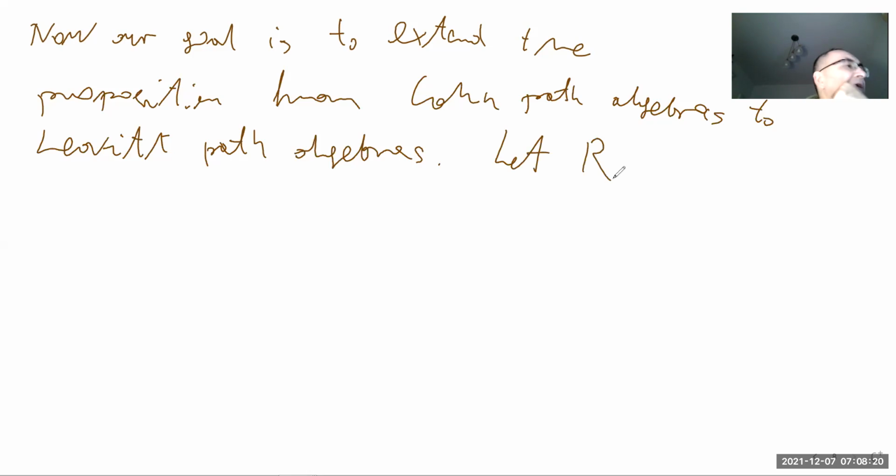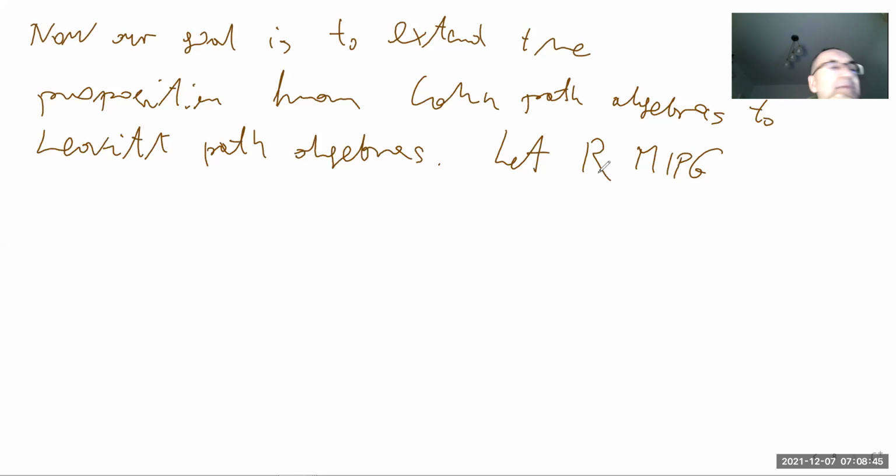Let R stand for regular, R MIPG. So it's a path homomorphism of graphs, which is injective on vertices, satisfies this M condition. To be honest, I forgot what M stands for. And R is for regularity.